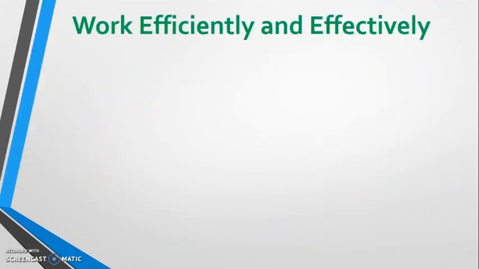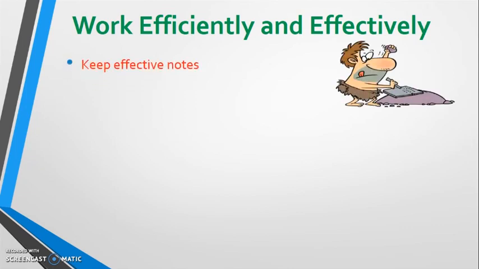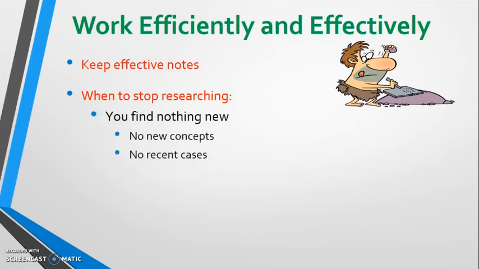Finally, a few steps on how to work efficiently and effectively. First, keeping detailed notes on what you are doing and what you have found is imperative. Second, knowing when to stop is important, and here are a few tips that will help you determine when to stop your research.